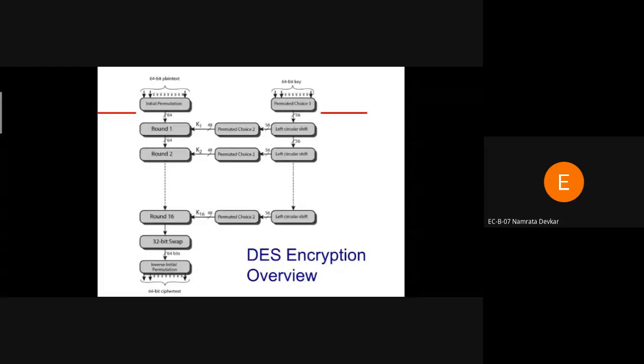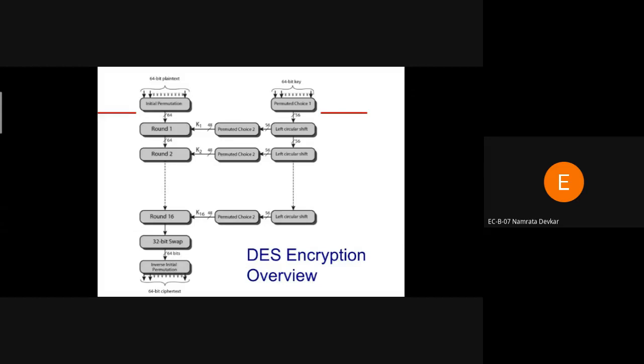Okay, so the plain text is 64 bits, so we have to use the key as 64 bits, but the DES algorithm uses a key of 56 bits. So that's why we have to discard 8 bits.